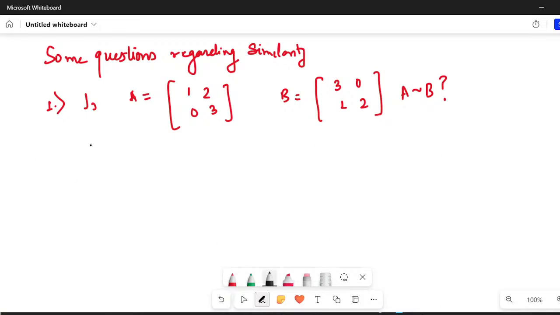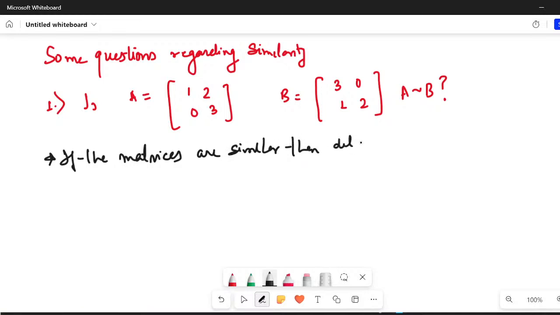I told you this morning itself, if the matrices are similar, the first check that you should do is this: if the matrices are similar, then their determinants are the same.